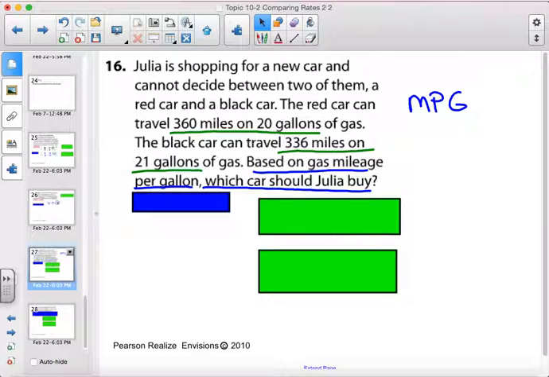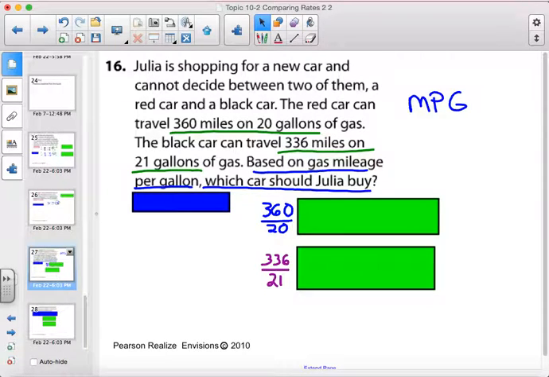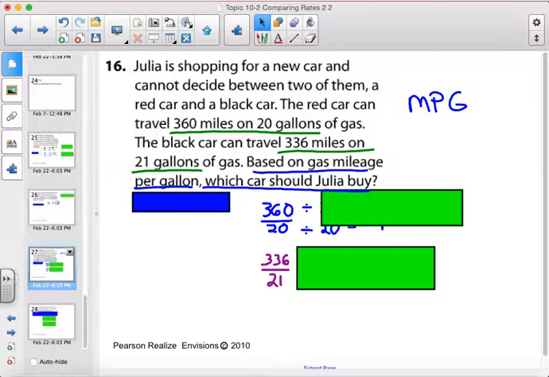And so the first thing we want to do is set up our initial ratios. The red car at 360 to 20 gallons, and the black car at 336 to 21 gallons. And then we divide to find a single unit of gasoline.